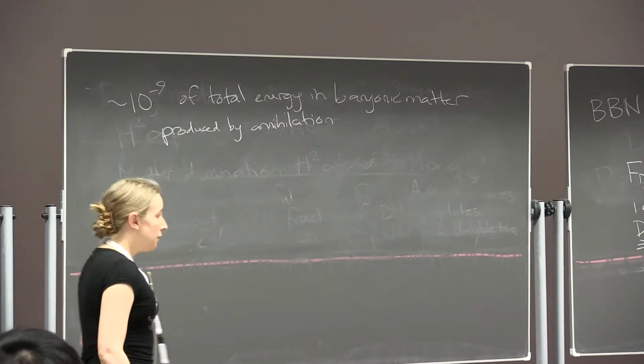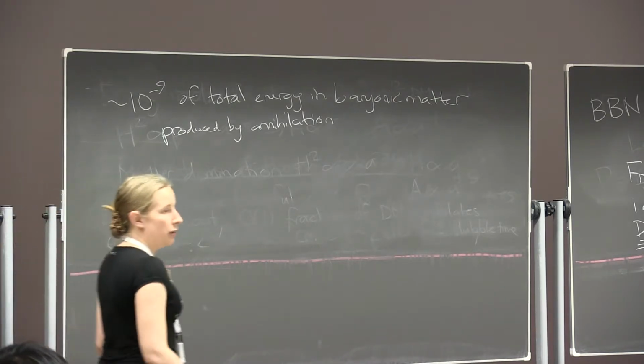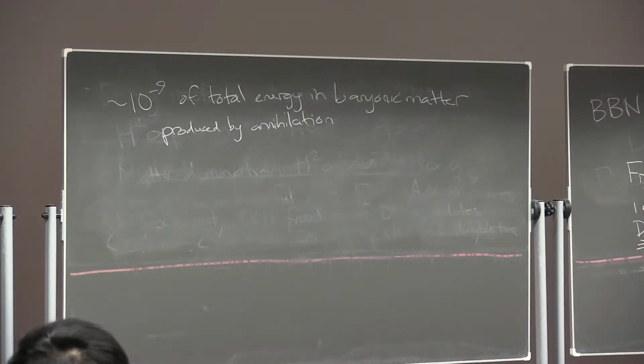Okay, so that means that we're producing on average about an eV of energy per hydrogen atom, or 10 eV of energy for 1 in every 10 hydrogen atoms.